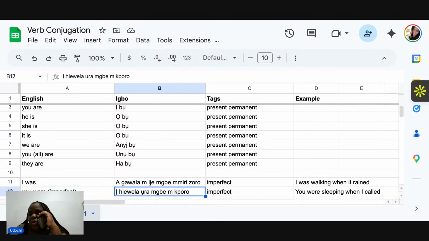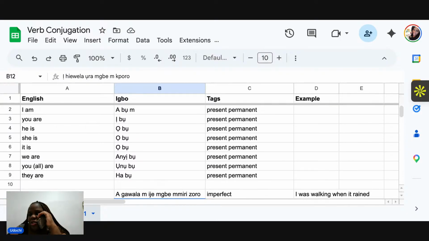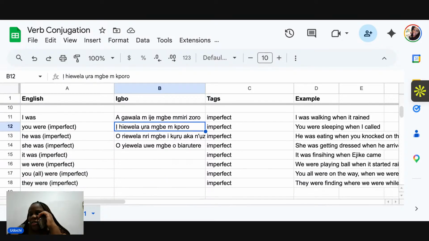The first one I did was just the present tense. But when you start going into imperfect tenses, you have to conjugate the verb you mean to use in the sentence. Which is why when I saw agawalam ije, I thought, yeah, this does make sense, because I remember the lesson you gave us when you were teaching Express Igbo.